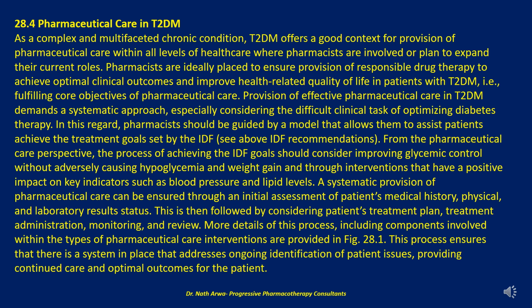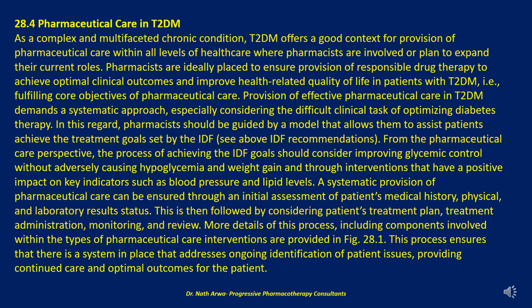lipid levels. A systematic provision of pharmaceutical care can be ensured through an initial assessment of patients' medical history, physical, and laboratory results status. This is then followed by considering patients' treatment plan, treatment administration, monitoring, and review.